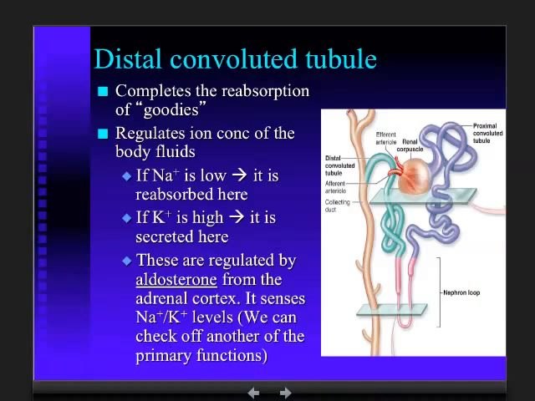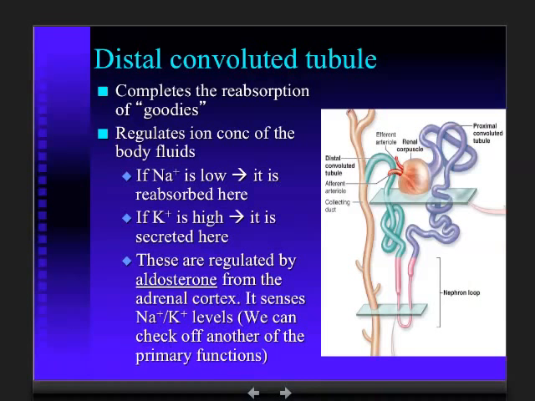You've got cells in your adrenal gland. Where's the adrenal gland? It's sitting right here. Sits right on top of your kidney, like a little French chapeau, a little hat. And it's got cells in the adrenal cortex, the outer layer, that are sensitive to the amount of sodium in your blood plasma.